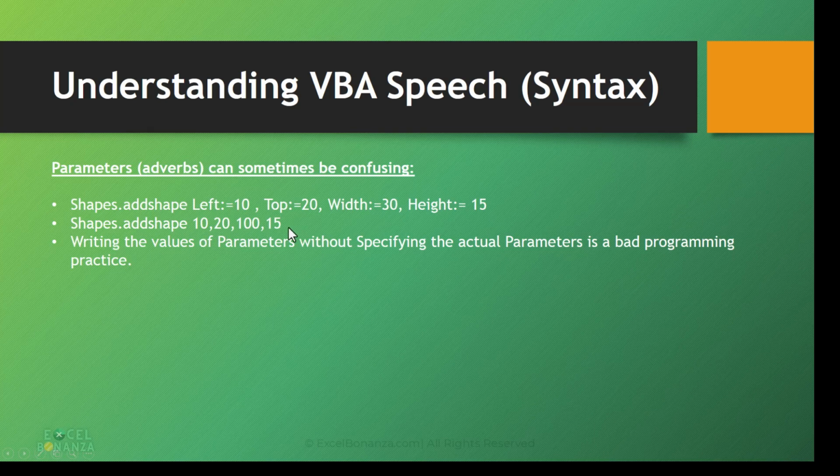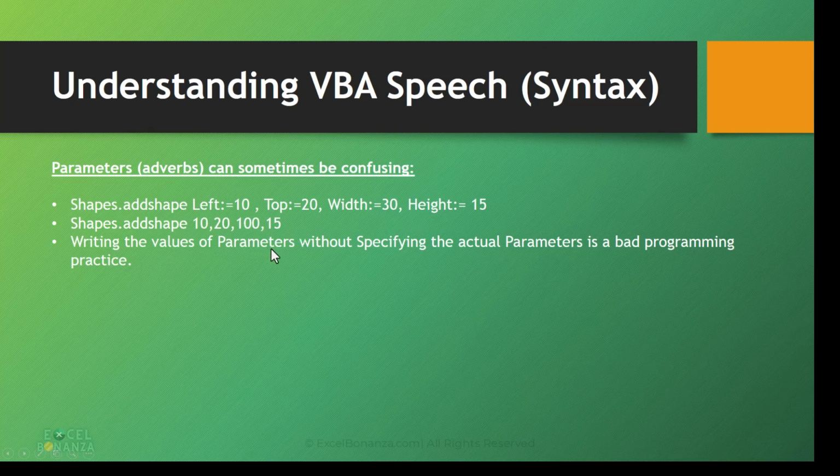However, if you write the code without explicitly writing the parameters, the code will be confusing, right? If someone else reads your code and you write shapes.addShape 10, 20, 100, 15, they will be confused. They will not understand what you mean, because not everyone remembers the positions or the order of the parameters, right?